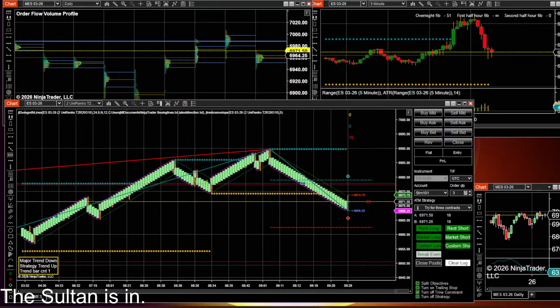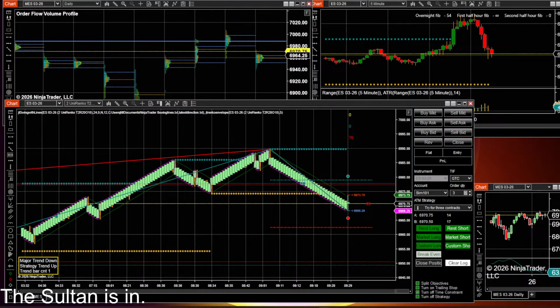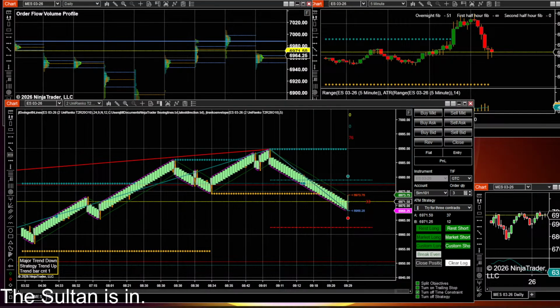Okay, we're about to open up, and we're right below yesterday's close, more or less right at it, which is 39% of the total move up on the major trend. So it's a pretty good pullback.